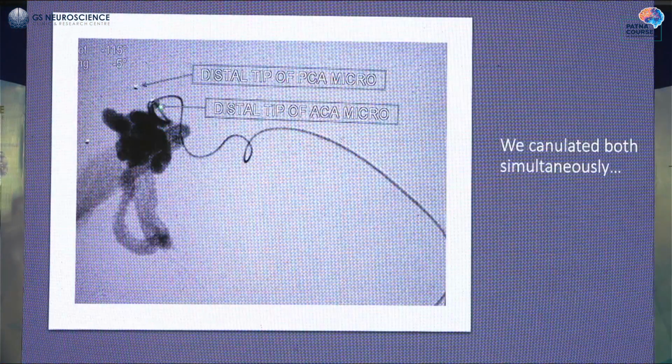Obviously, the time of injection and the lag of your injection becomes much higher with those agents. This is another microcatheterization from the anterior circulation. You have the tip of the ACA micro over here, and the tip of the PCA micro over there. After taking these two shots from two differently placed microcatheters, you understand that there are two different compartments, and the draining veins are also different.